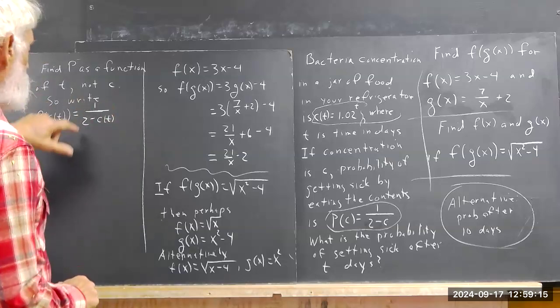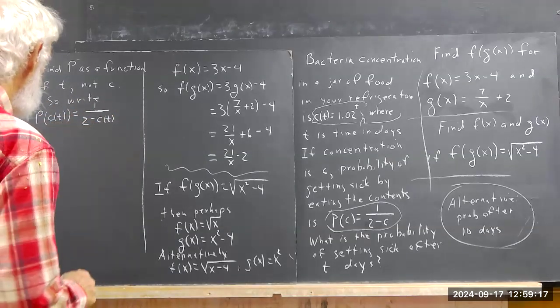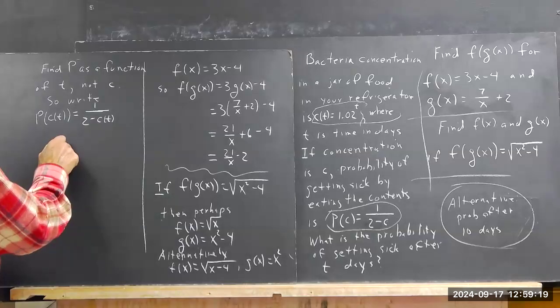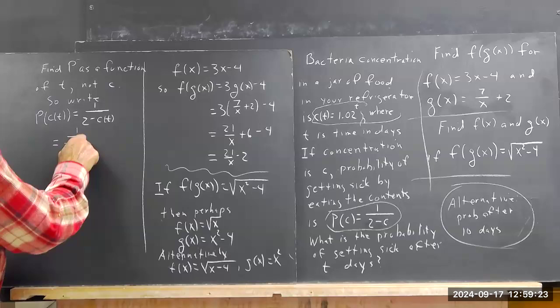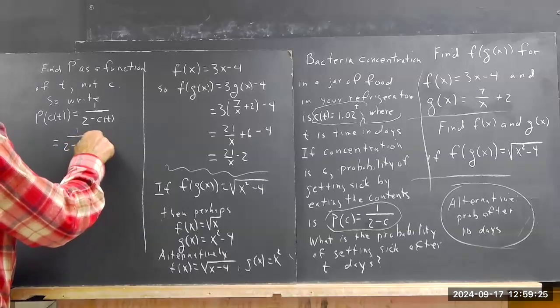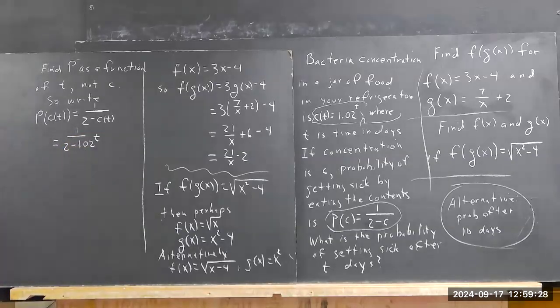But we can write it as 1 over 2 minus C of T, which is 1 over 1 minus 1.02 to the T. And that is the composite.